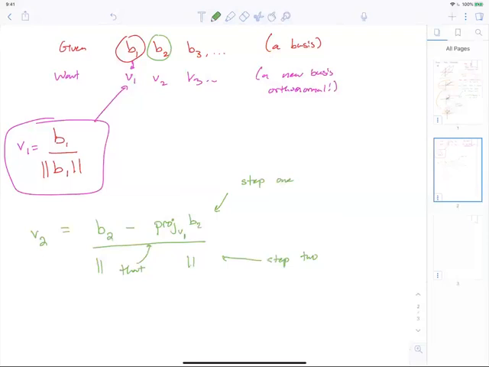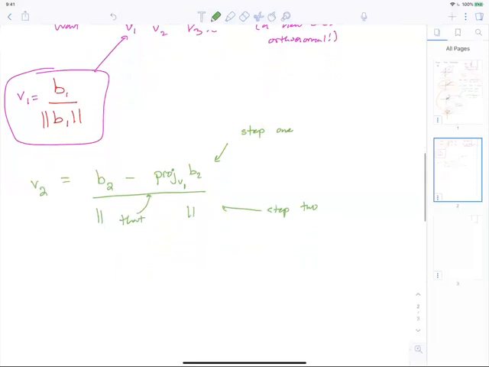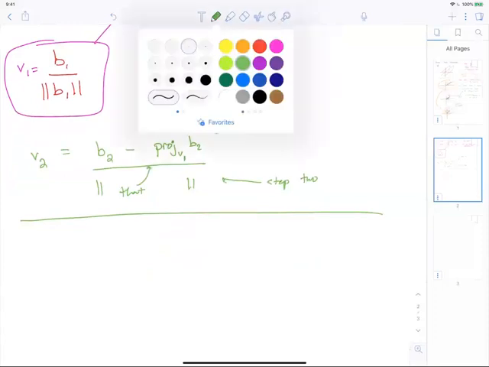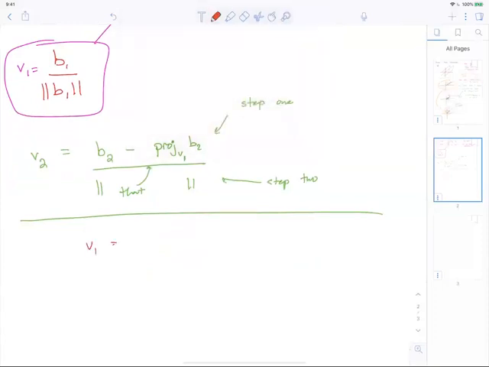So perhaps a more general formula, to make this more concrete, if we kept going: we would take V1 to be B1 over its norm. Then we introduce an intermediary vector, which we'll call W2.